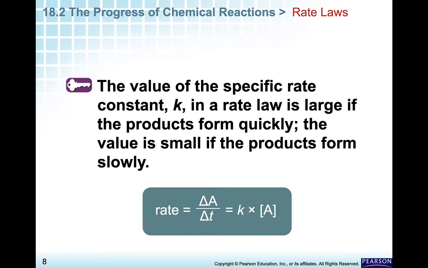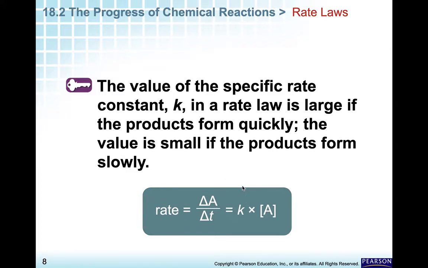So when we know K, we can use it to give us an idea of how fast the reaction is going to go. If we've got a very large K, it means products are forming quickly, right? In this expression, if we plug in a very large number for K, we're going to get a bigger value for our rate.